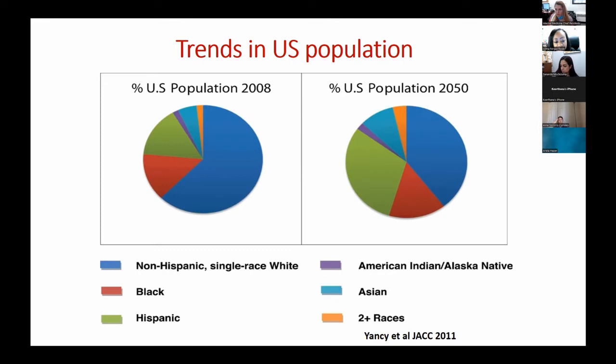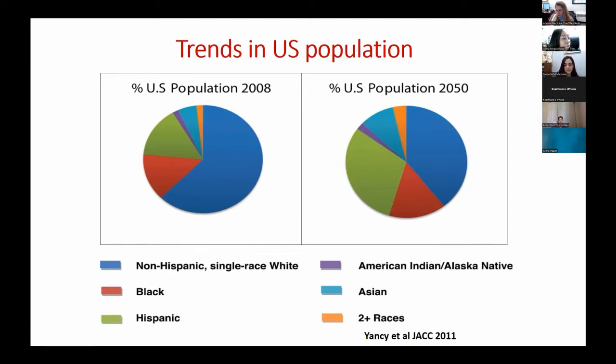But as you can see, currently the predominant population is a non-Hispanic white race. And then you're going to be seeing a big increase in the Hispanic group, as well as the Asian group, and 2+ races. So definitely keep that in mind as far as our patients go.